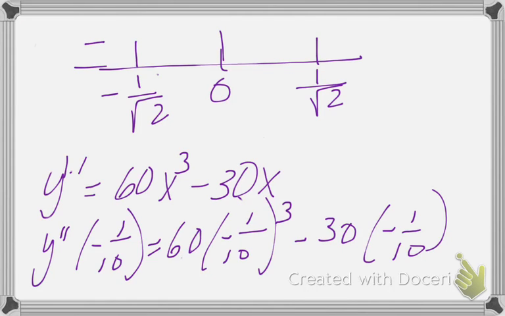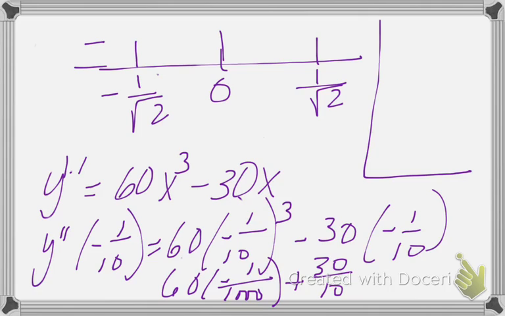Okay, so what do I get? 60 times -1 over 1,000 plus 30 over 10. Okay, I'm going to go to this little box up here. So -60 over 1,000 plus 3. So this is going to be positive. That's what we care about.